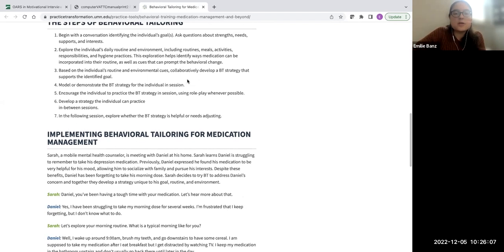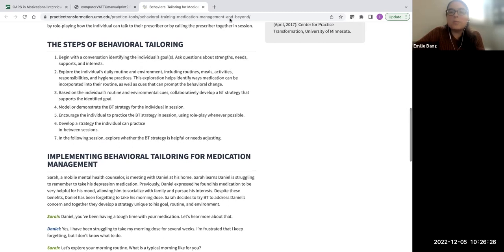This is specifically talking about medication because it's saying explore the individual's daily routine environment, including routines, meals, activities, responsibilities, and hygiene, and then this exploration helps identify ways medication can be incorporated into their routine, as well as cues that can prompt behavioral change.